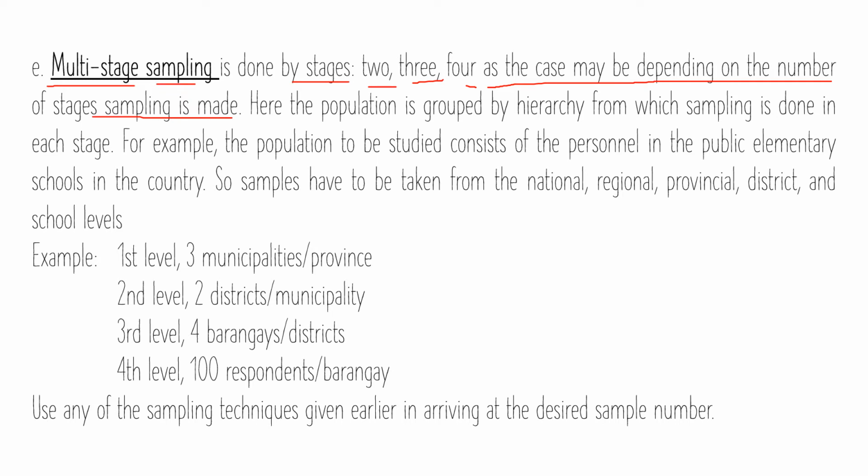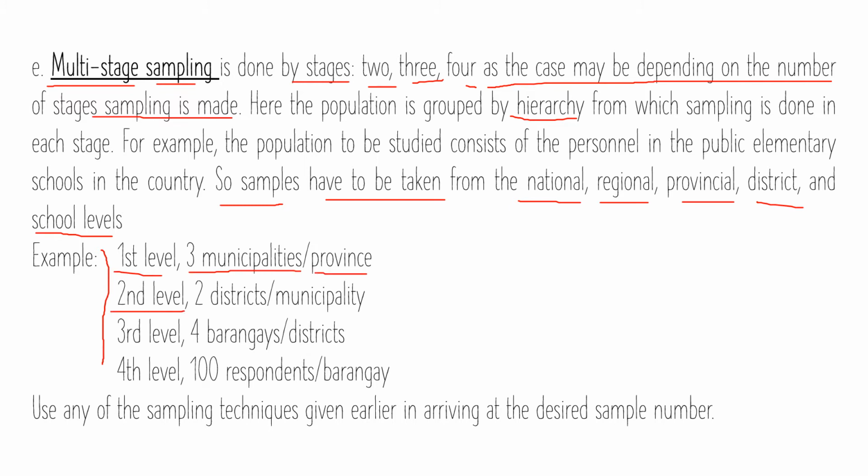Here, the population is grouped by hierarchy, from which sampling is done in each stage. For example, the population to be studied consists of the personnel in the public elementary schools in the country. So samples have to be taken from the national, regional, provincial, district, and school levels. This will be your example. First level: 3 municipalities per province.